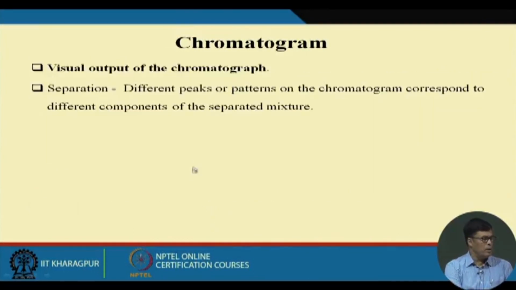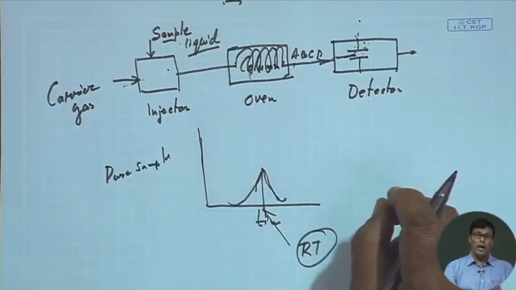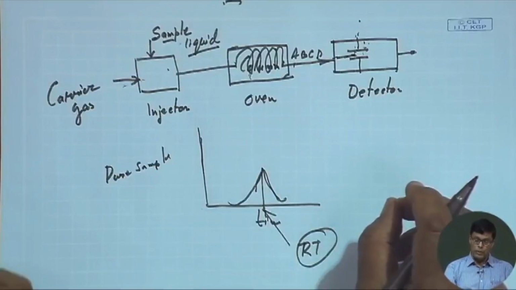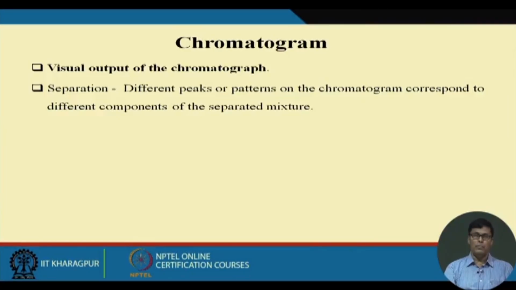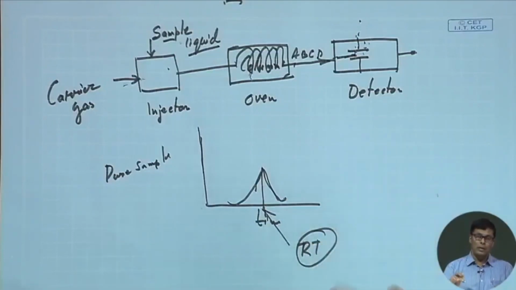Now the visual output is the chromatograph, because as I told you, this may be on the basis of two types of detection. We have either potentiometric or amperometric. Mostly we have potentiometric, and through potentiometric we can note the change of voltage.